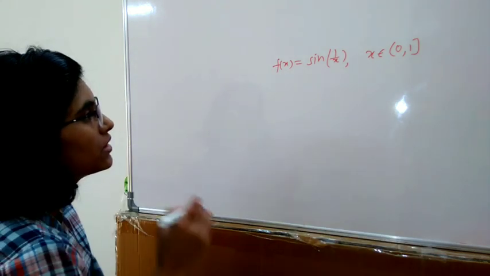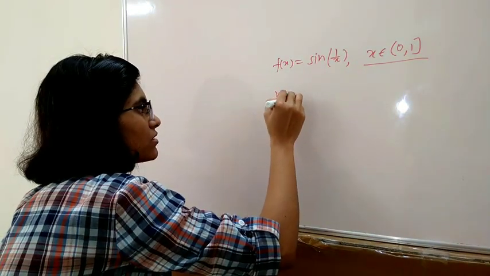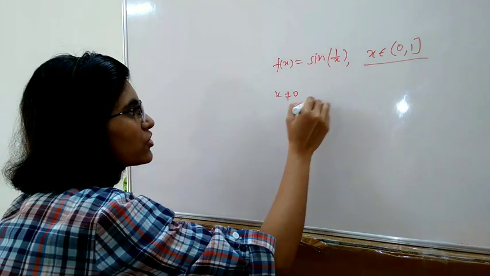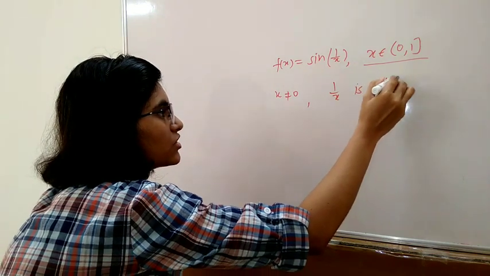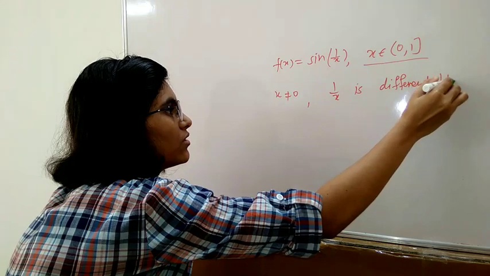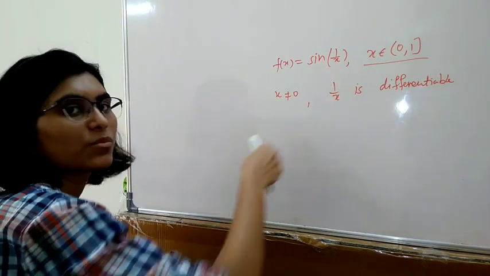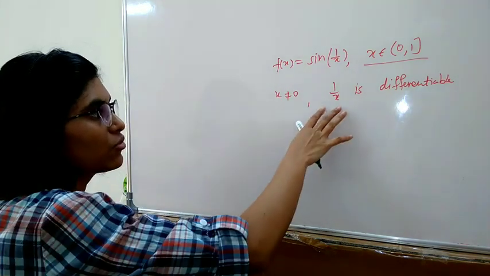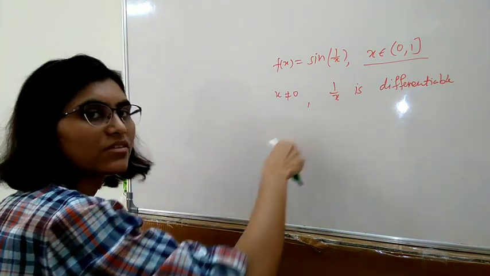Now here just note that this domain is just x not equal to 0, right? So whenever x is not 0, the function 1 by x is differentiable, because the constant function 1 is differentiable, x is a polynomial which is differentiable, and by the rules of differentiation the quotient of two differentiable functions is also differentiable whenever the denominator is not 0.